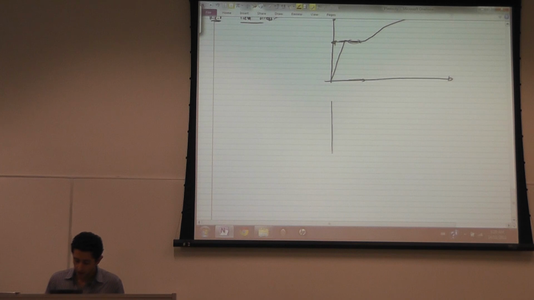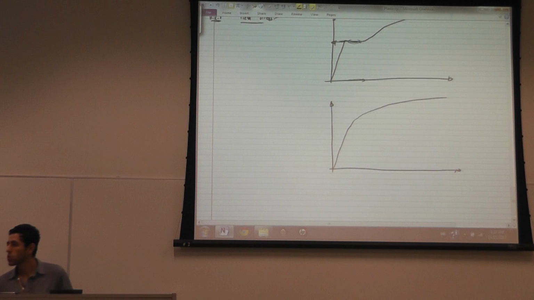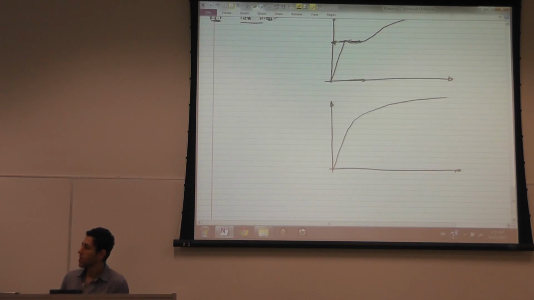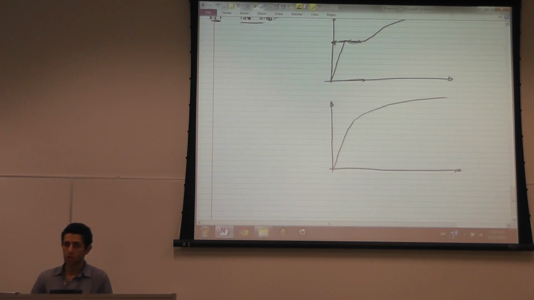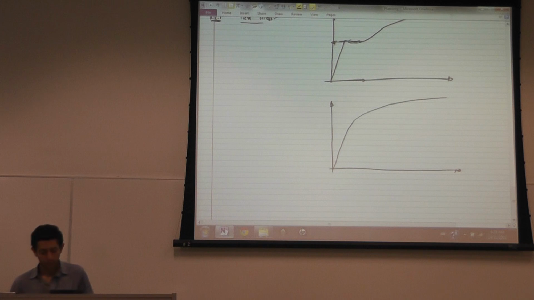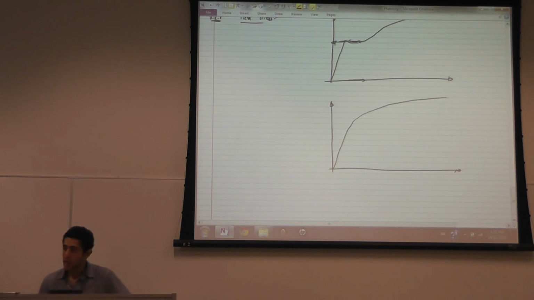If you have a different alloy, where all of a sudden it's a really gradual increase, the yield stress is not really well defined. There's not a particular point where you can say, this is the yield stress. And so depending on the code of practice, there are different definitions to find the yield stress from the stress strain behavior.